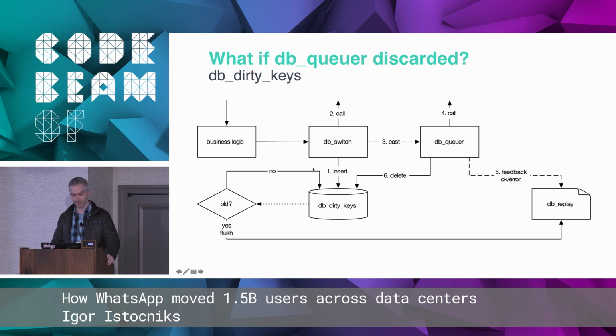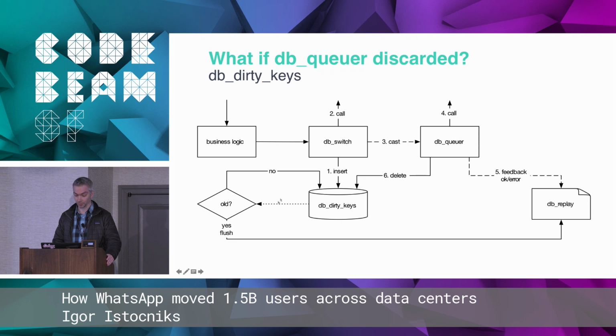The way we solve this is by introducing a DB dirty keys adds table. It worked like this. Before doing anything with the key, with the operation, we first inserted that key into the adds table. After that, we called into the local module, then the remote module, did a feedback loop, and once it was done, we deleted the key from DB dirty keys.